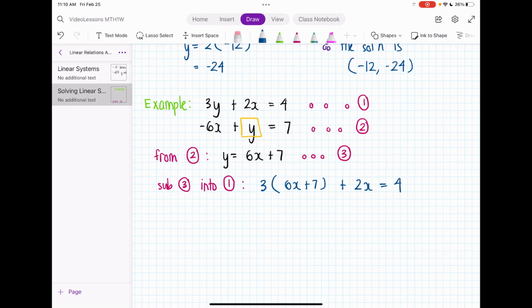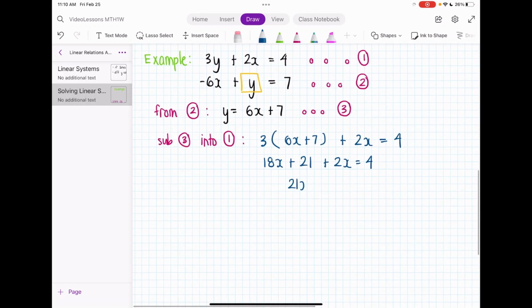Now we just solve. And that will be your x value.